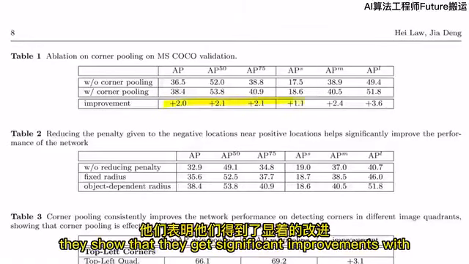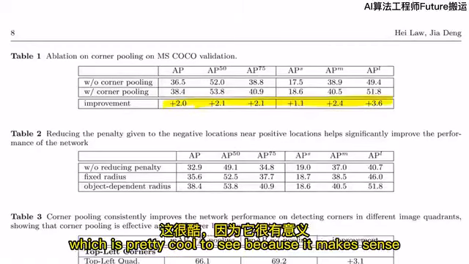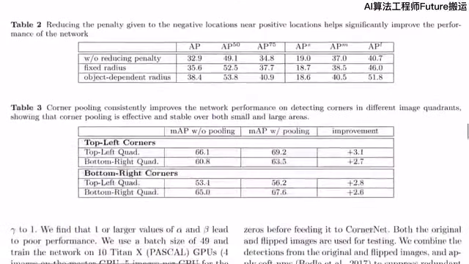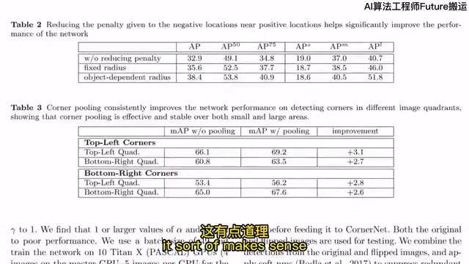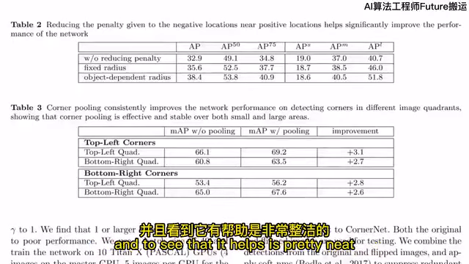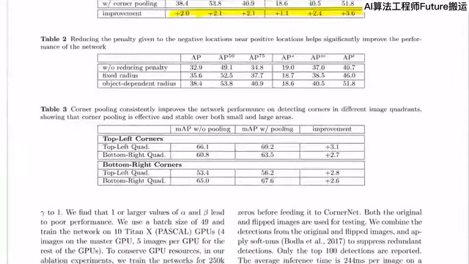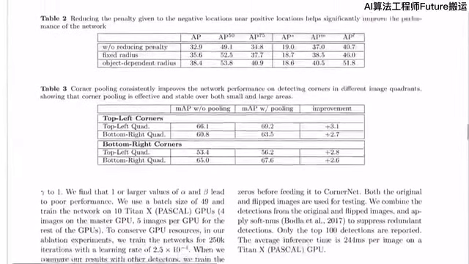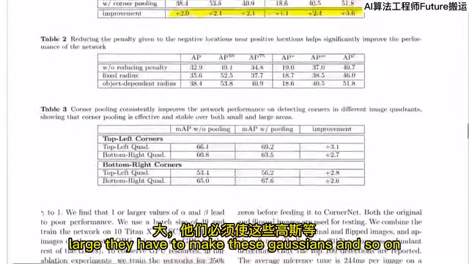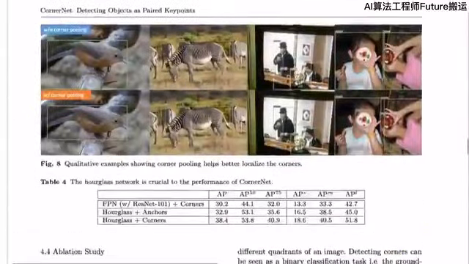And they show that they get significant improvements due to this corner pooling, which is pretty cool to see because it makes sense. It sort of makes sense how you would like to think about it like this, and to see that it helps is pretty neat. Yeah, they also investigate how large they have to make these Gaussians and so on.